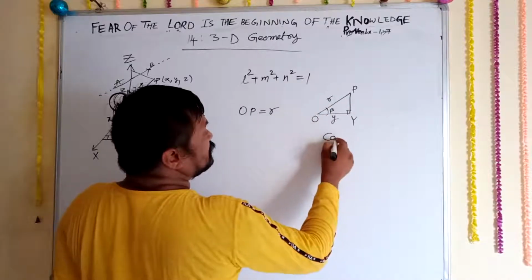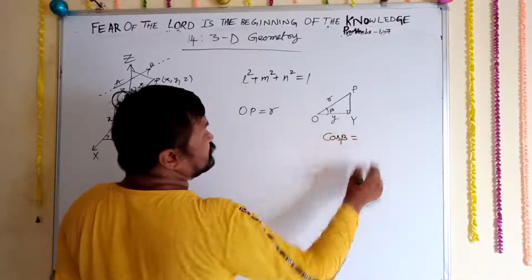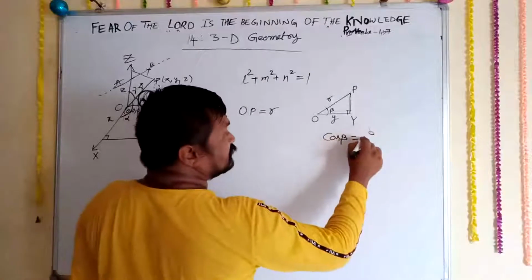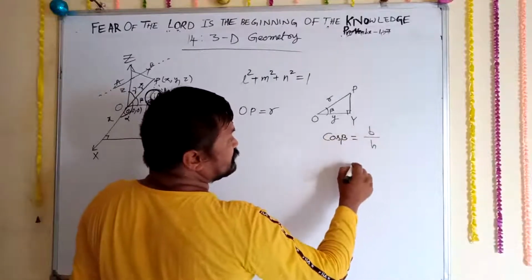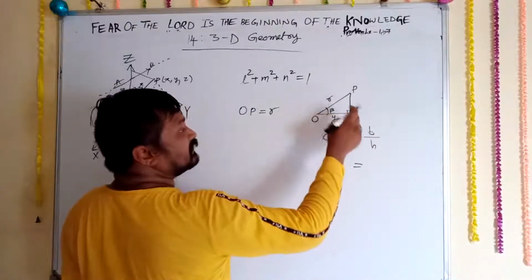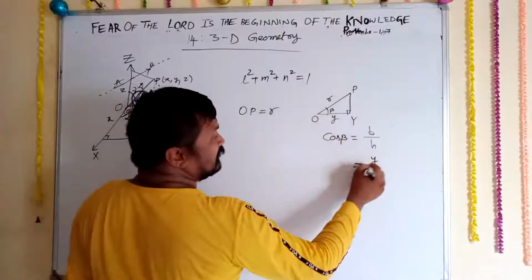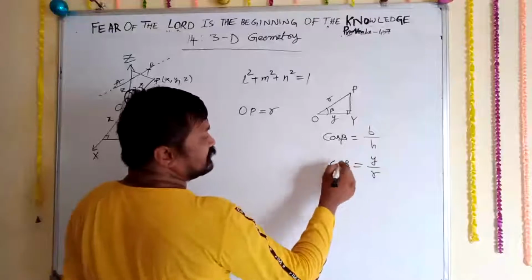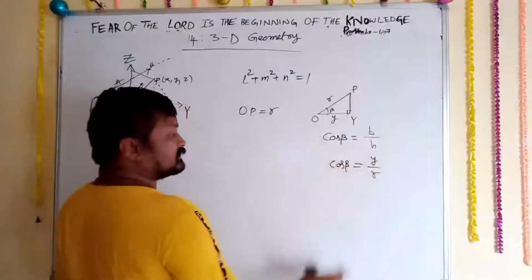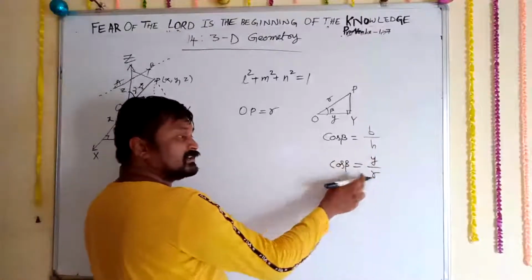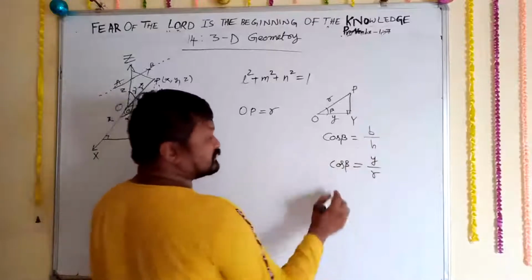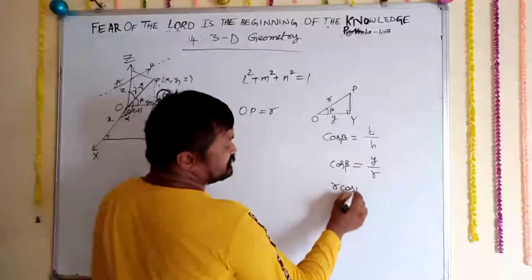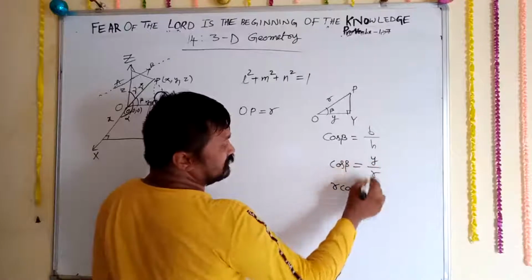From this, cos beta is equal to base upon hypotenuse. Your base is y, the hypotenuse is r. So cos beta is equal to y by r. Now r, which is dividing, comes to multiplication. So r cos beta is equal to y.